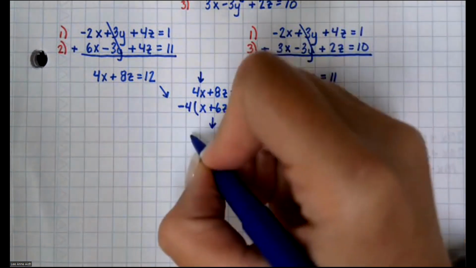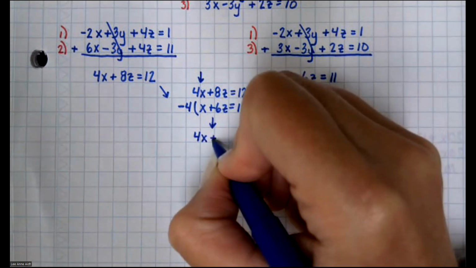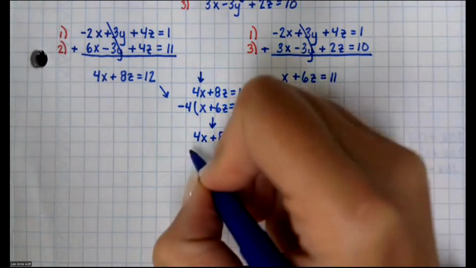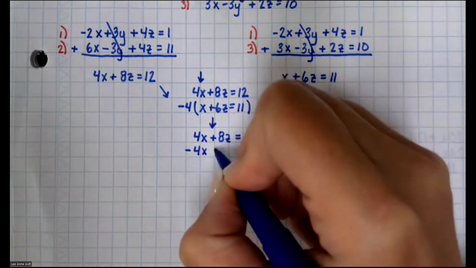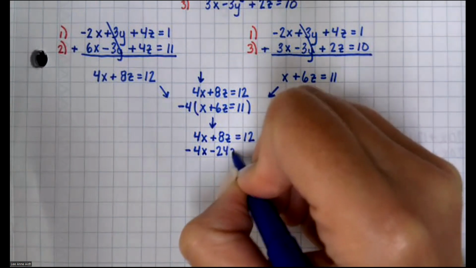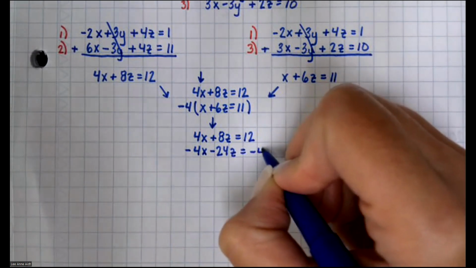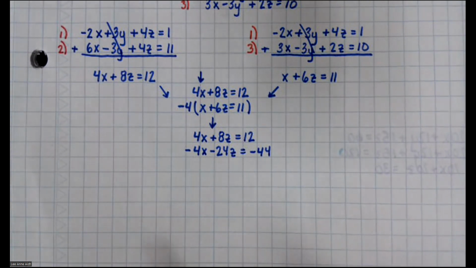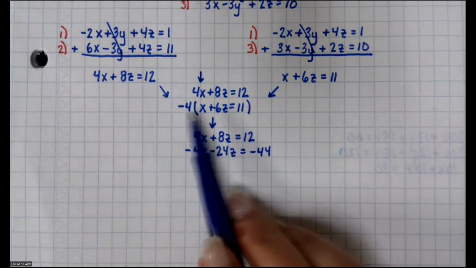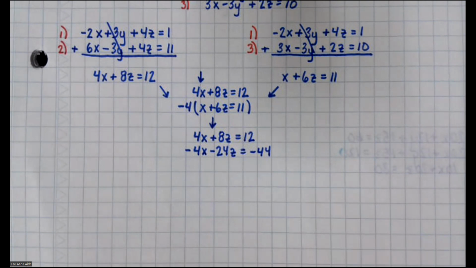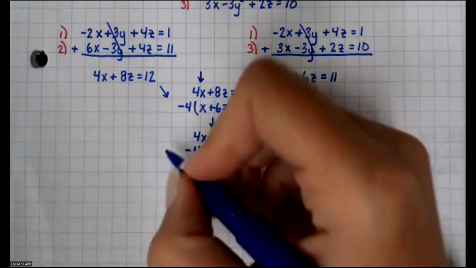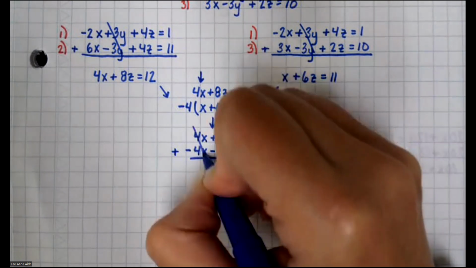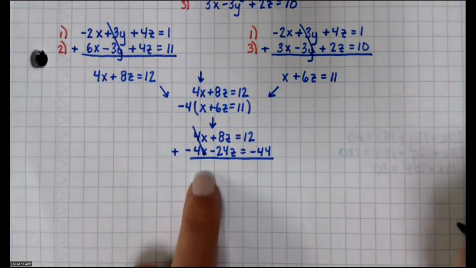It might be coming back to you. 4x plus 8z equals 12. -4x minus 24z equals -44. One mistake students make is they don't multiply everything and then get stuck in there somewhere. Now the x's eliminate. That was the whole point.